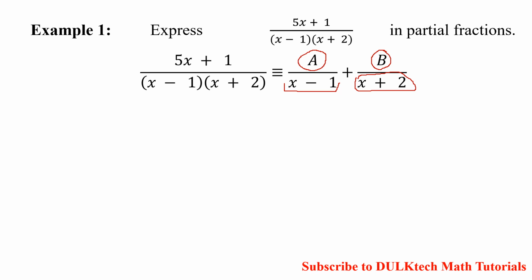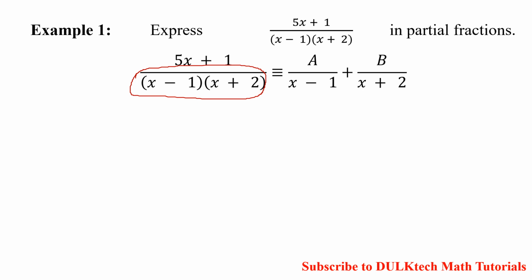Right, so the next step is now to clear the denominator. Let's clear the denominator by simply multiplying every fraction by the common denominator. And in this case, our common denominator is (x - 1)(x + 2). So we're going to multiply every fraction by this.